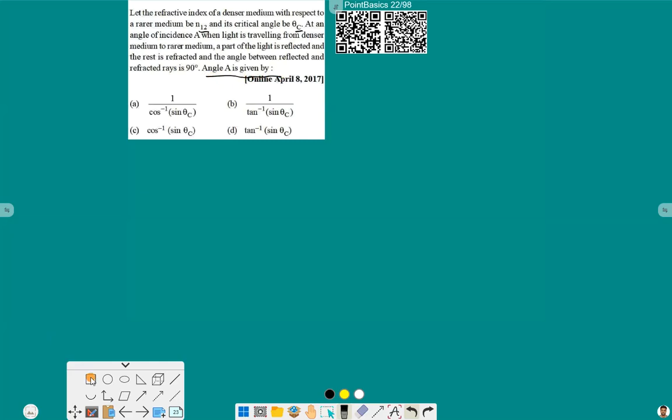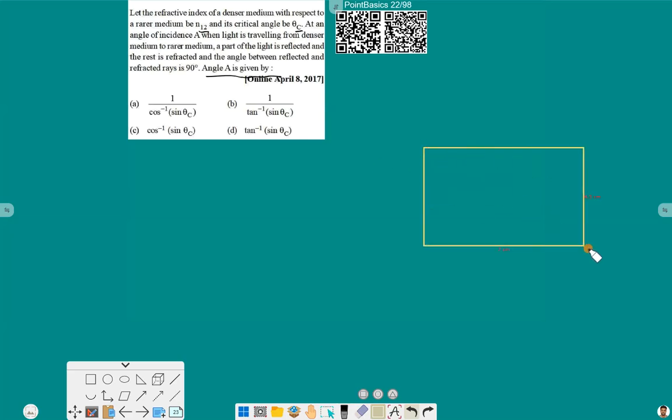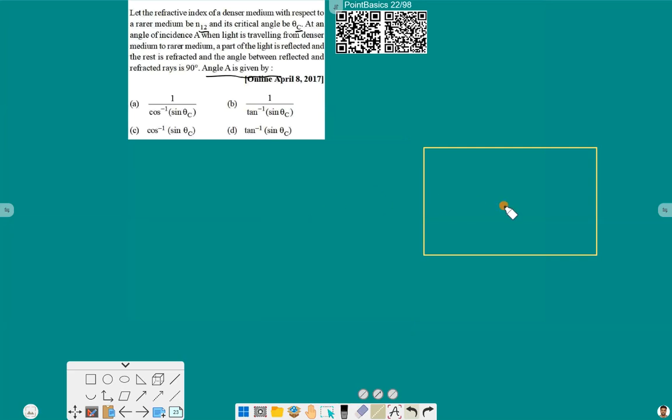So again, let us consider a slab here. Suppose this is the slab, and we have a light falling on it. Suppose this is our incident light, and after refraction it moves like this, and there will be a normal.